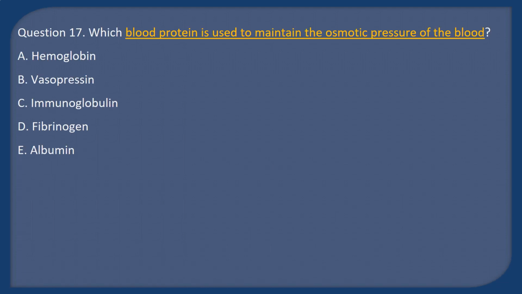Question 17. Which blood protein is used to maintain the osmotic pressure of the blood? A. Hemoglobin. B. Vasopressin. C. Immunoglobulin. D. Fibrinogen. E. Albumin.